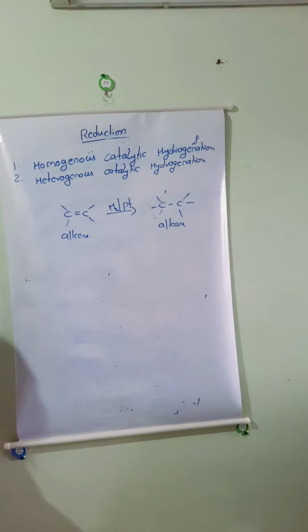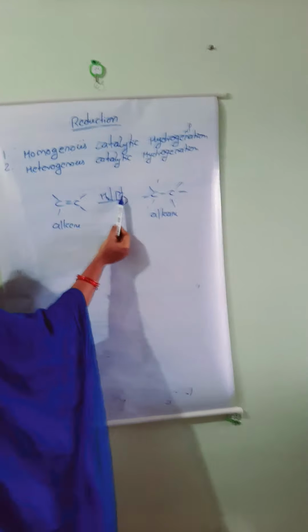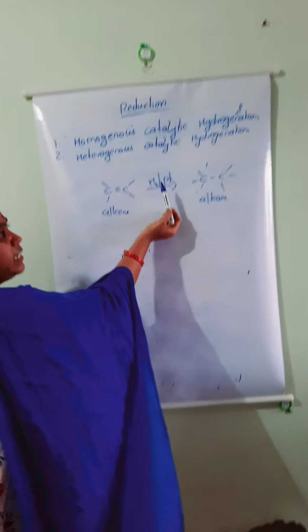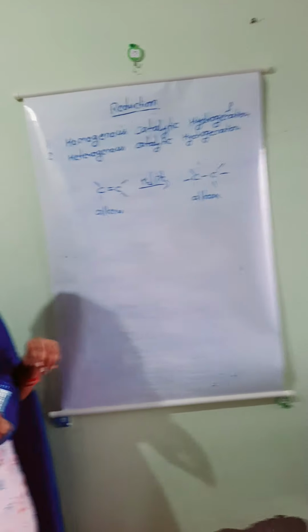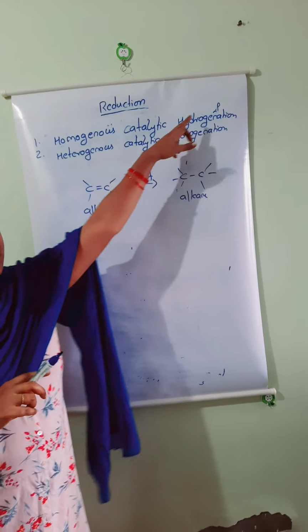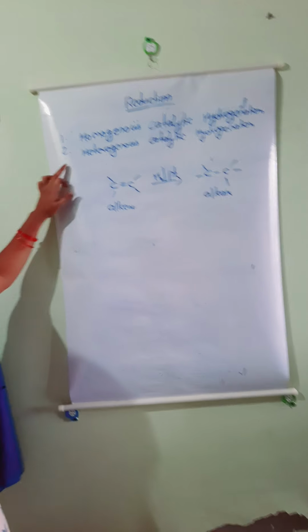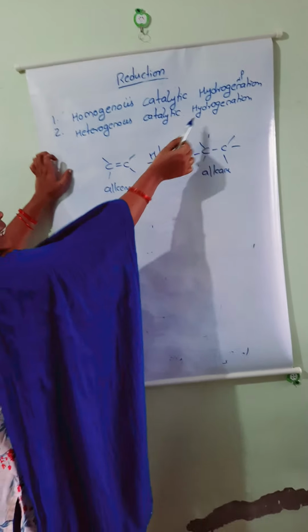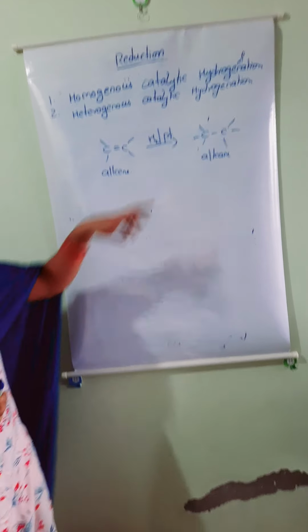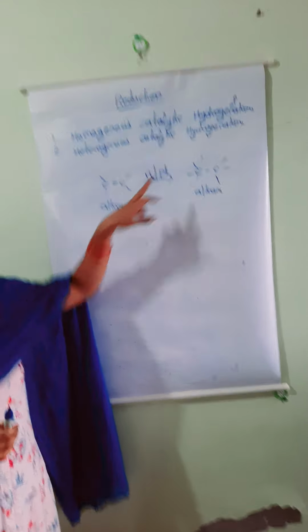In homogeneous catalytic hydrogenation, the catalyst dissolves in the organic solvent. And the second one is heterogeneous catalytic hydrogenation, in which the catalyst does not dissolve in the organic solvent.